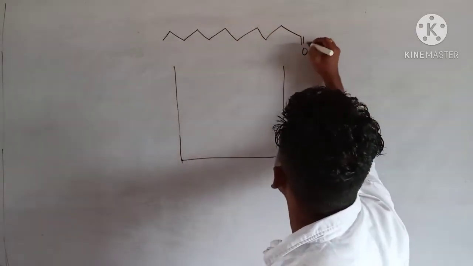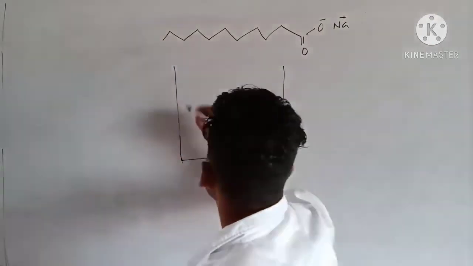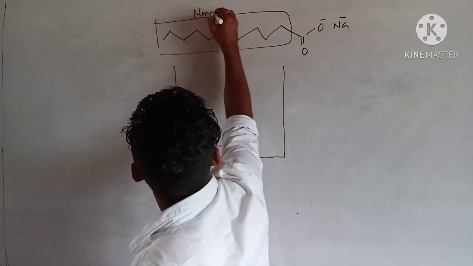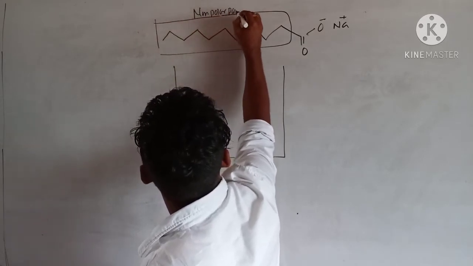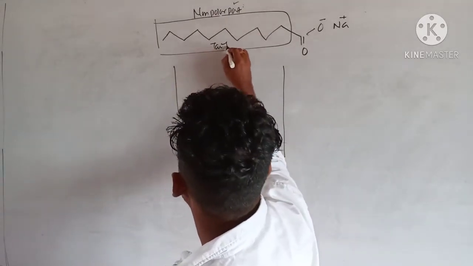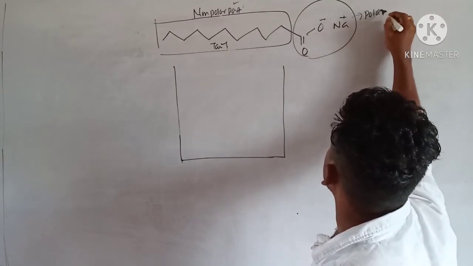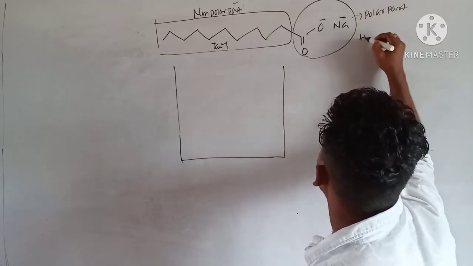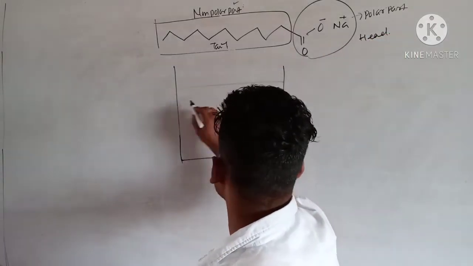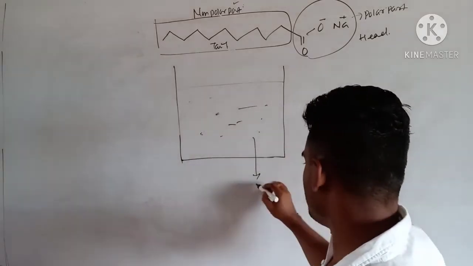This one is your hydrocarbon part or non-polar part, known as the tail, and here this one is the polar part, or this one is called the head. Is that clear? So you dissolve soap in water, and water is a polar solvent.